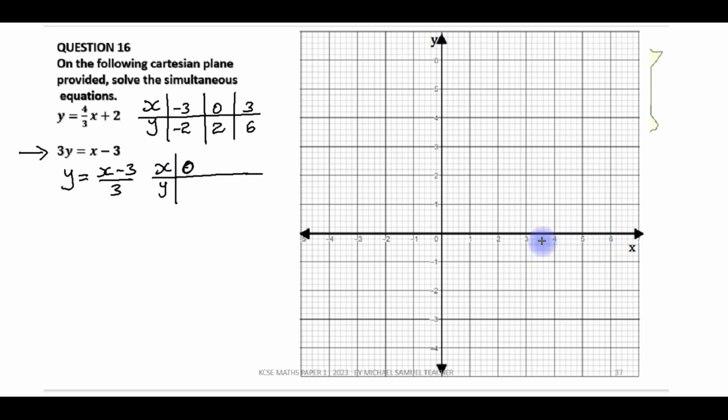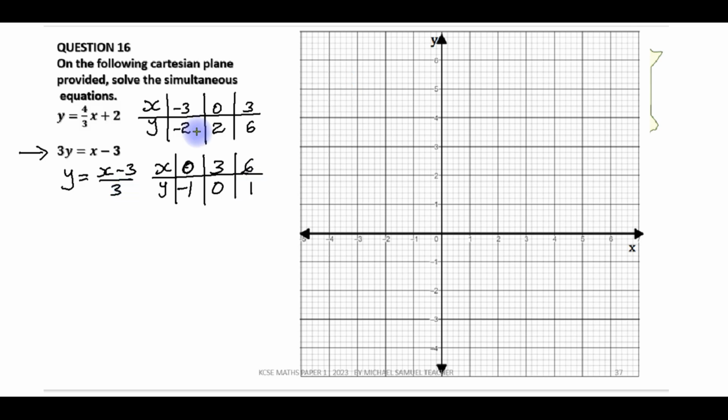As we can see from the Cartesian plane, we have already been given the x-axis and y-axis values, so we can also have 3 and 6. So 0 minus 3, that is minus 3 divided by 3, is minus 1. Then 3 minus 3, 0 divided by 3, is 0. When x is 6, 6 minus 3, that is 3, divided by 3 is 1.